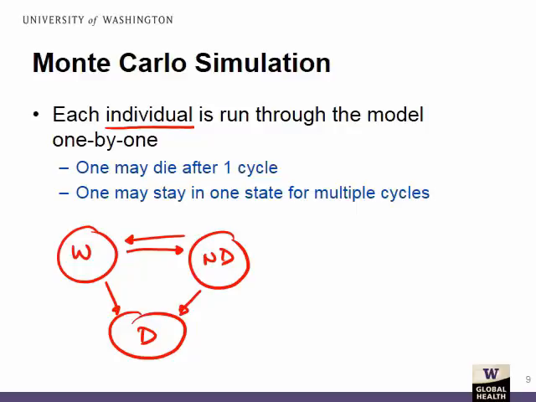So it depends on the individual's life story. And another individual might stay in the nodding disease state for multiple cycles. So every time you run an individual, they have their own course through the modeling framework, and that's called Monte Carlo simulation, and it's the second way of analyzing Markov models.